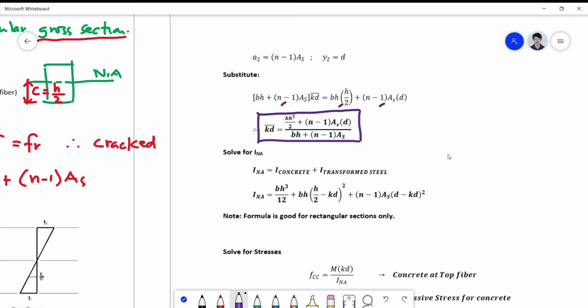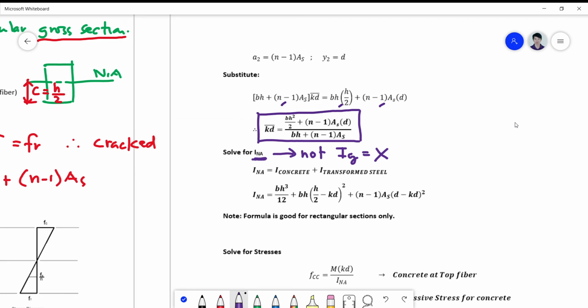For the moment of inertia about the neutral axis, okay, so it's no longer IG, okay, so this is wrong. We're not going to use the gross cross section. We are going to use the I and A. So the I and A is simply the sum of both the concrete and the transformed steel.